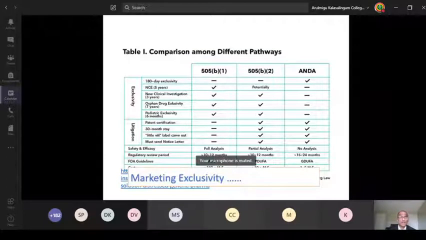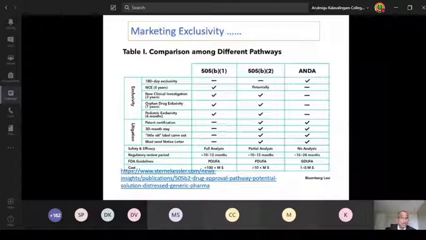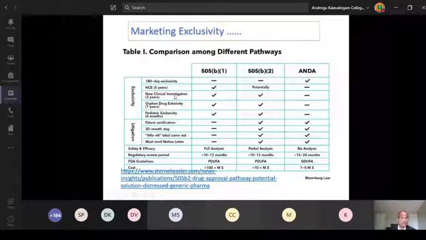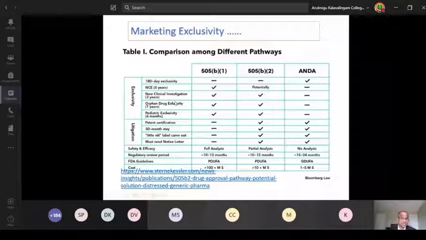So in this slide, you are going to see what the marketing exclusivity is. For a new chemical entity, we have 5 years of marketing exclusivity, meaning complete rights to distribute and market in the commercial market in the USA. For ANDA, only 180-day exclusivity marketing rights are available. In the case of typical NDA 505(b)(1) and 505(b)(2), new clinical investigational drugs enjoy marketing rights of 3 years.